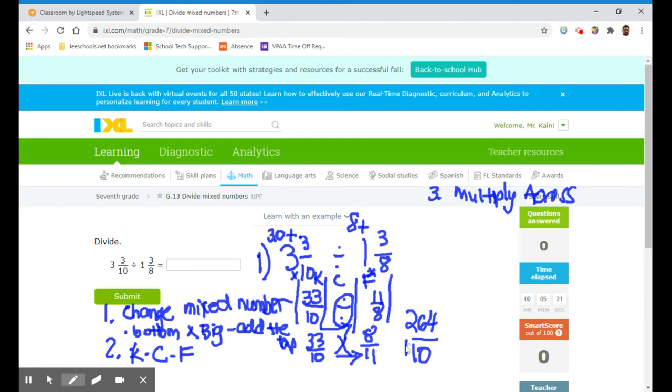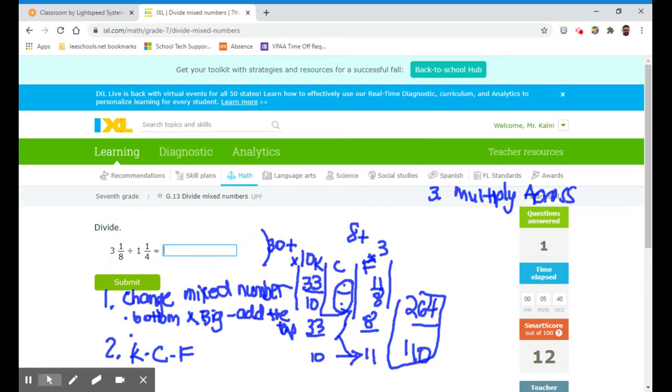That is going to be your final answer. You can simplify, but IXL does not require it. So you can just leave it just like that. 264 over 110. Okay? I'm not sure what that is.